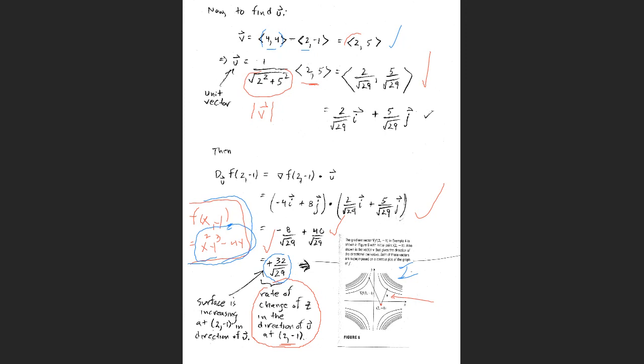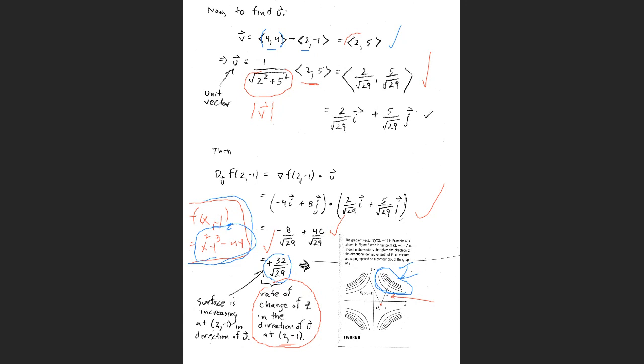And looking at the contour plot, what's happening to the contour lines as you move in the direction of the vector v? You're getting closer together. The level curves are getting closer together, and therefore the surface is getting steeper.